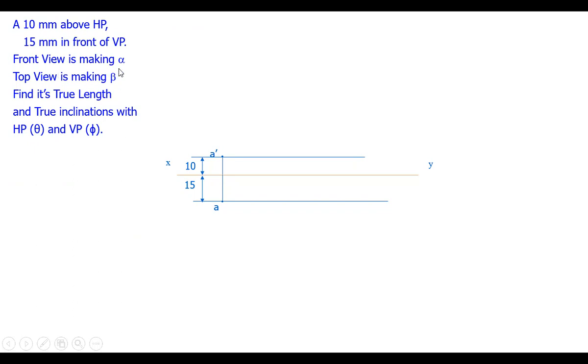The front view is making the upper end angle alpha, so we draw a line at alpha angle, that is the front view, A dash B dash. The top view, AB, is making some beta angle, and the length of the line at this angle is given.